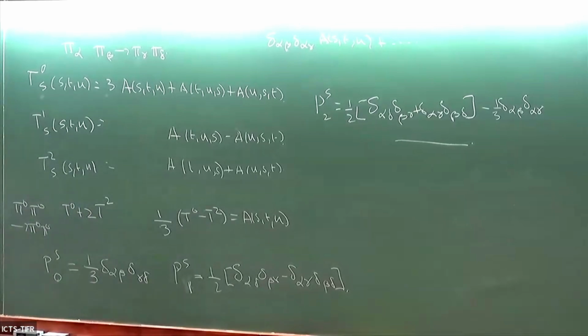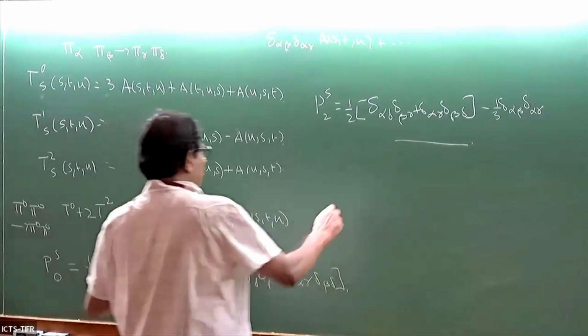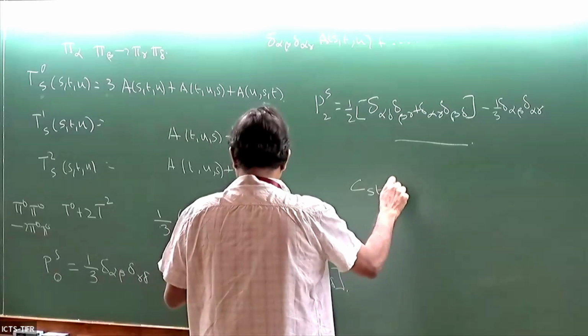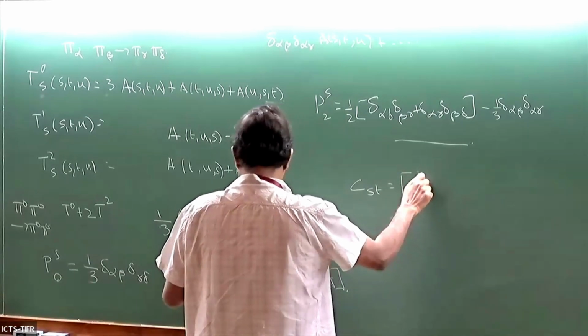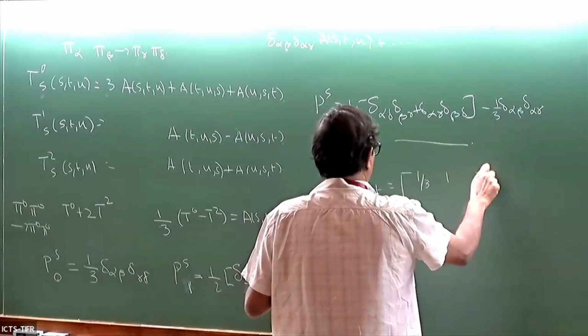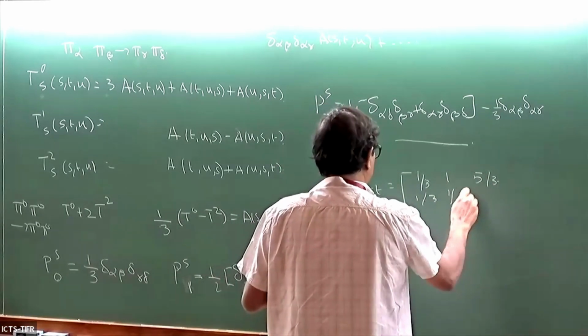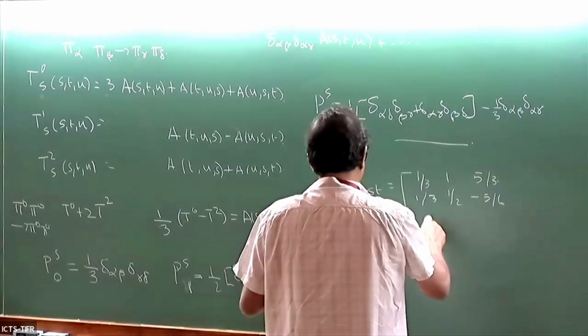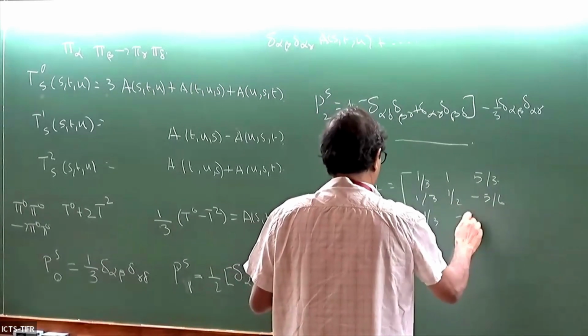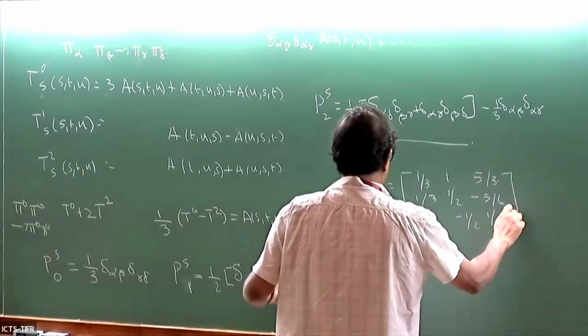Okay, so this matrix that I was talking about for crossing from one channel to the other, we can explicitly see what they are. C_ST is 1/3, 1, 5/3, 1/3, half, minus 5/6, 1/3, minus half, 1/6.